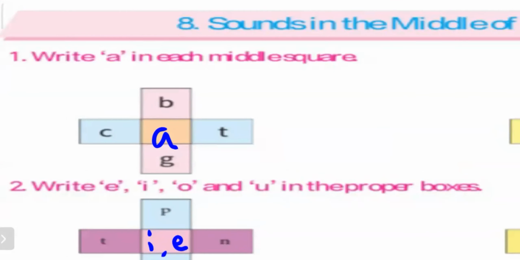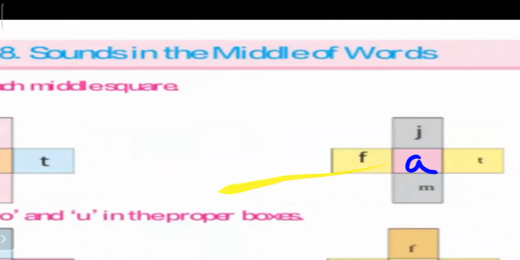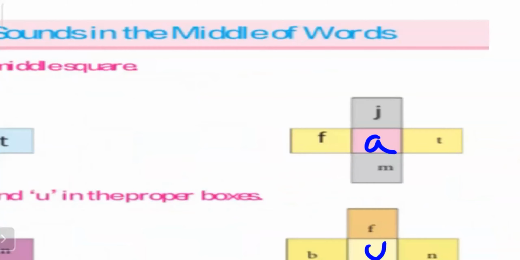In the first middle square, we have added the vowel A. After adding the vowel A, the words formed are B-A-G, bag, C-A-T, cat, J-A-M, jam, F-A-T, fat.